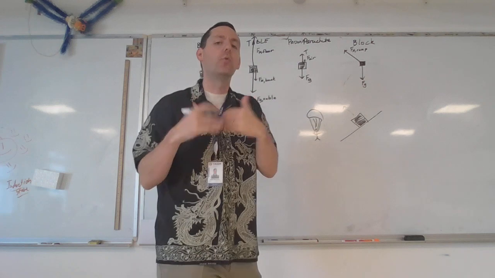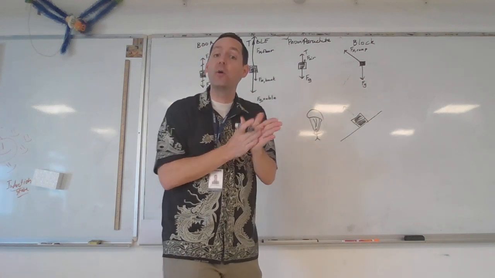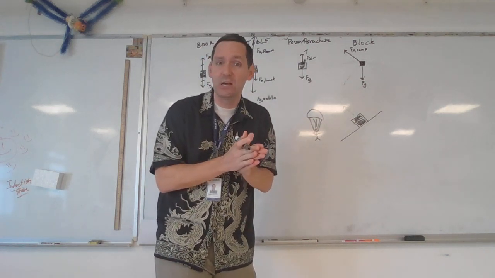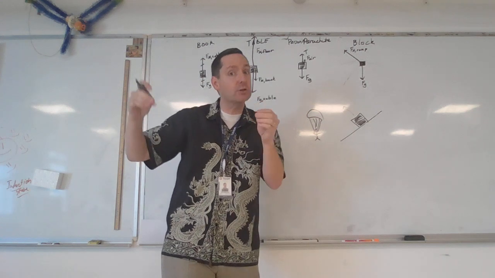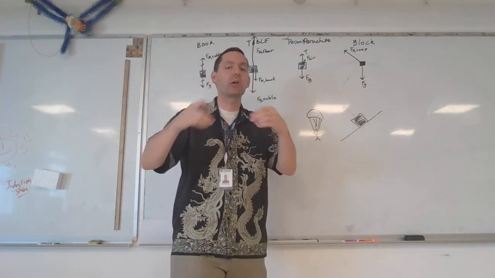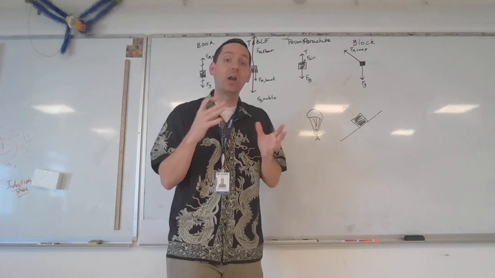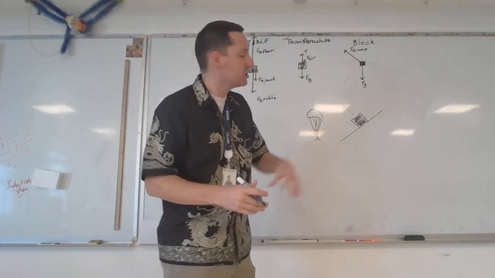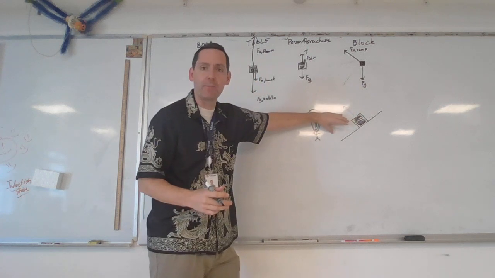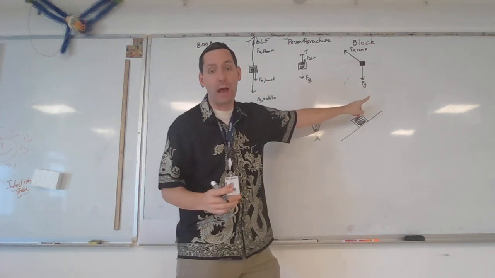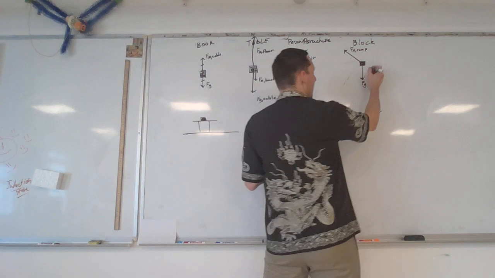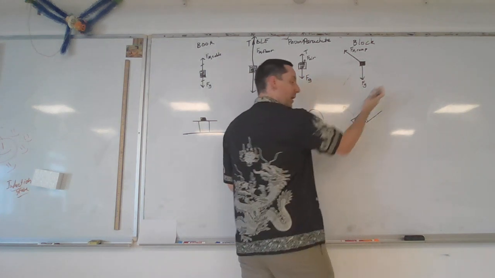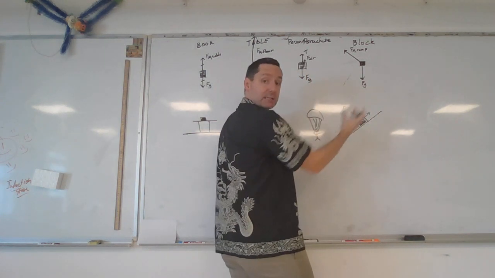But right now, what you need to understand is that friction always works parallel to the surface, which is different from the normal force. The normal force is always perpendicular. Friction is always parallel to the surface, and it always opposes motion, or opposes an attempt at motion. So the block's trying to slide down the ramp, and friction's saying, nah, you ain't going anywhere, you're staying right here. And so therefore, friction should be up the ramp, kind of in that direction. Otherwise, it would slide down.